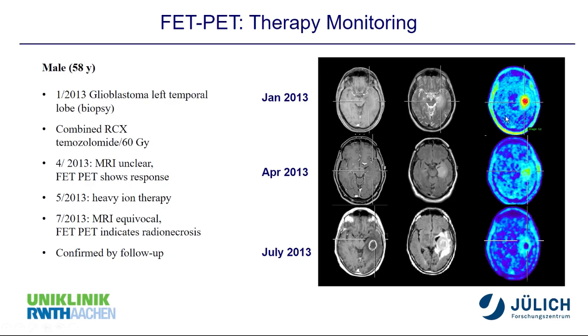The next example shows in the upper row MRI and FET PET scans of a patient with a glioblastoma before radiochemotherapy. The tumor shows high tracer uptake, which is reduced 4 weeks after completion of radiochemotherapy, as shown in the middle row.